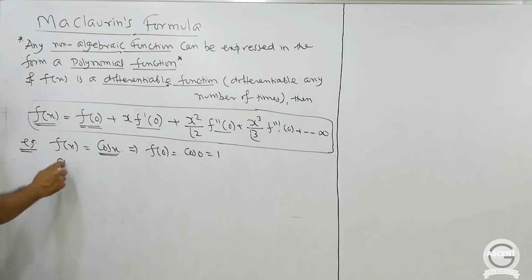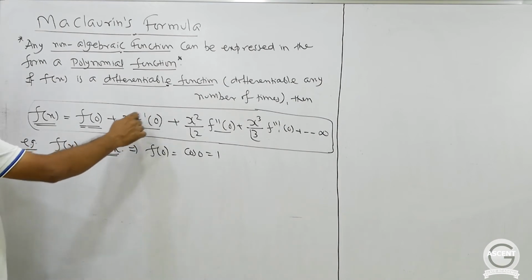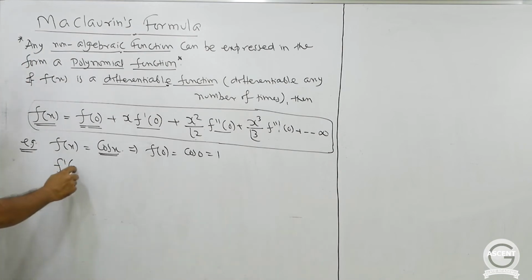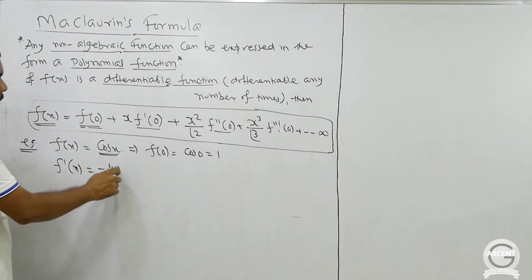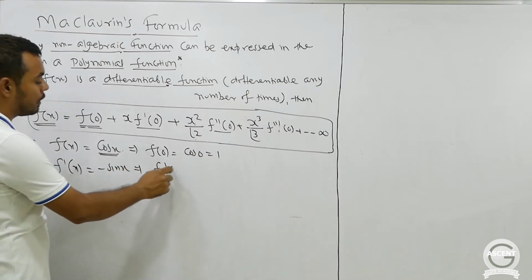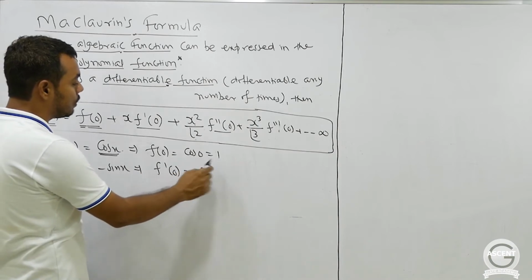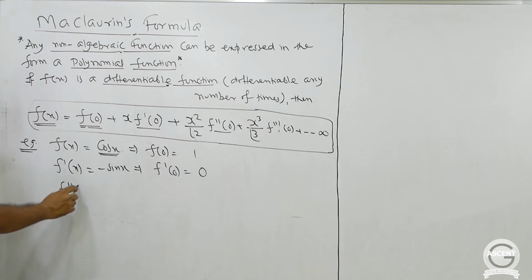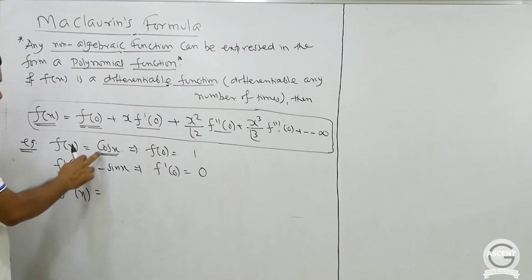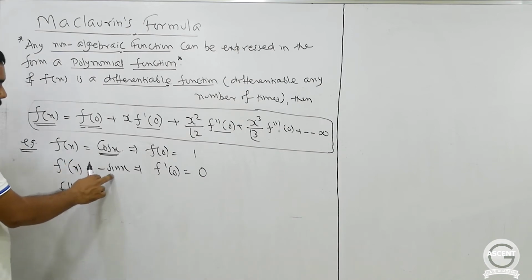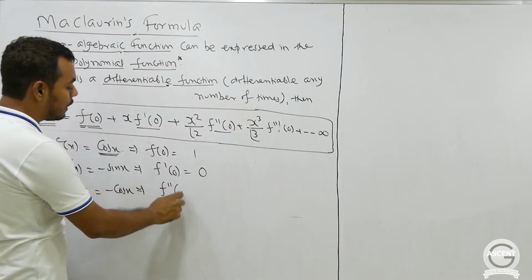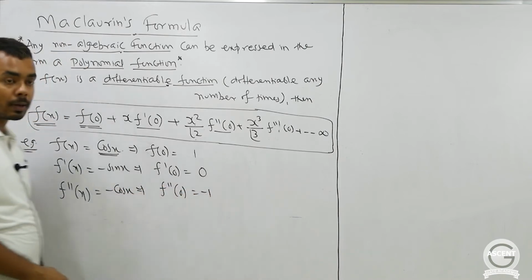If I calculate the first derivative, f'(x) will be minus sin x, f'(0) will be minus sin 0, which is 0. Second derivative will be the derivative of minus sin x, which is minus cos x. Second derivative at 0 will be minus 1.